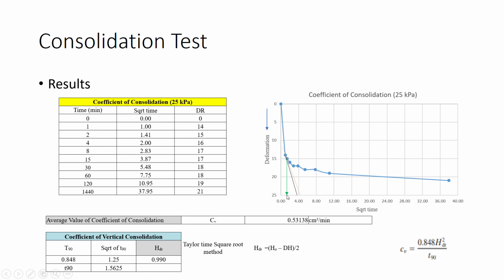So this is the point of square root of time, which is around 1.25. So for T90, the square of 1.25 is 0.156. So this is the formula by which Cv is found out. For each load you need to find out the Cv, and at the end you need to take the average, and this will be the total coefficient of consolidation of that test.